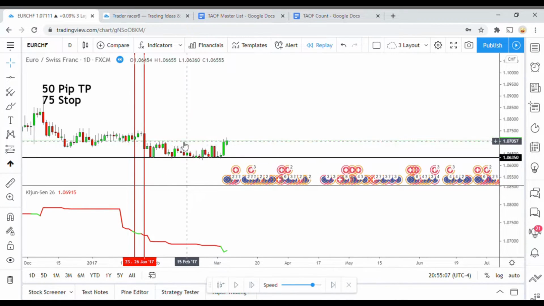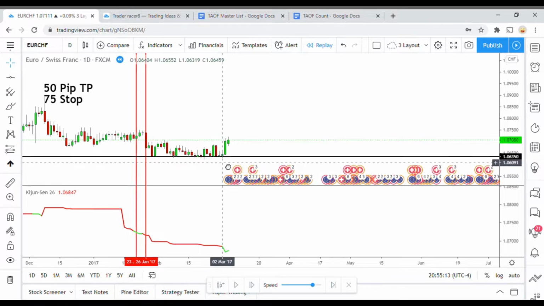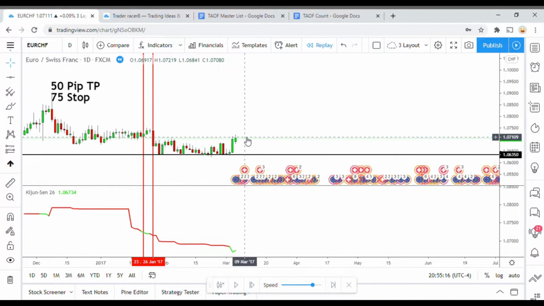And so often what you see is that the more times it comes down and bounces off of a particular line, the less likely it is to have a really solid move as it breaks out in the opposite direction.